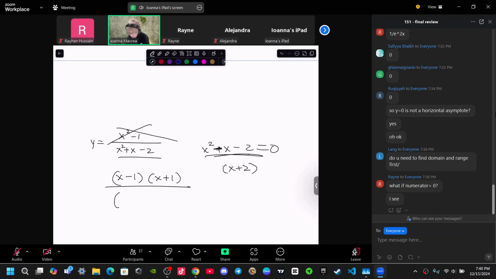Okay, that's backwards. No, that's correct. It will give me this, right? And then I will say, oh, I have 2 vertical asymptotes.